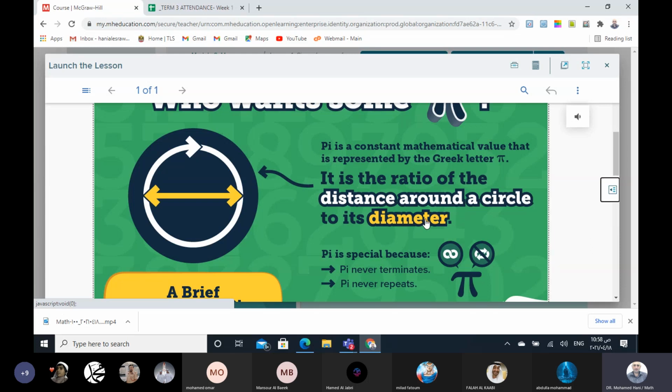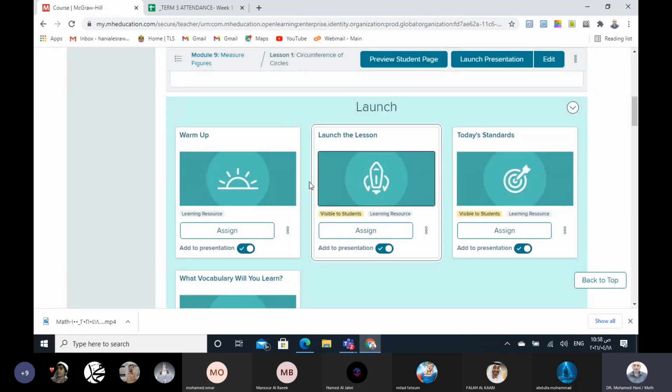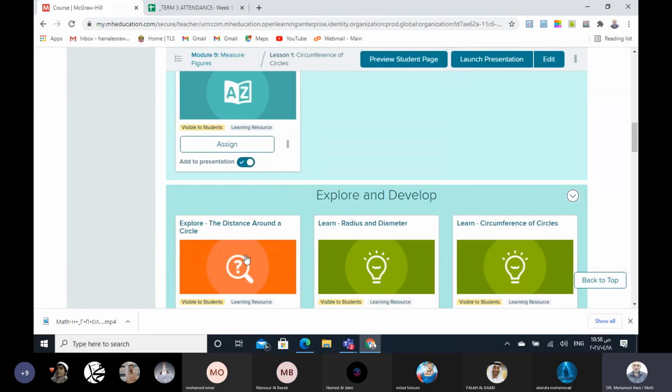So what is the meaning of the diameter? It is the line between 2 points on the circumference passing through the center of the circle. Now try at home to draw many circles and many diameters.